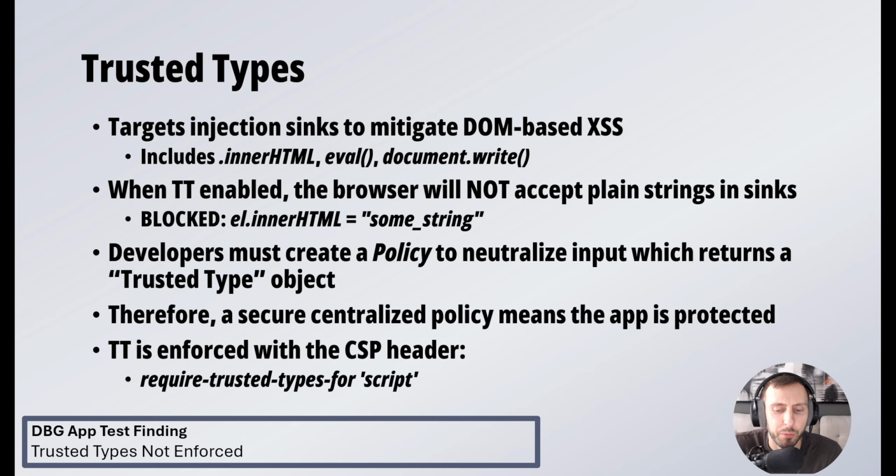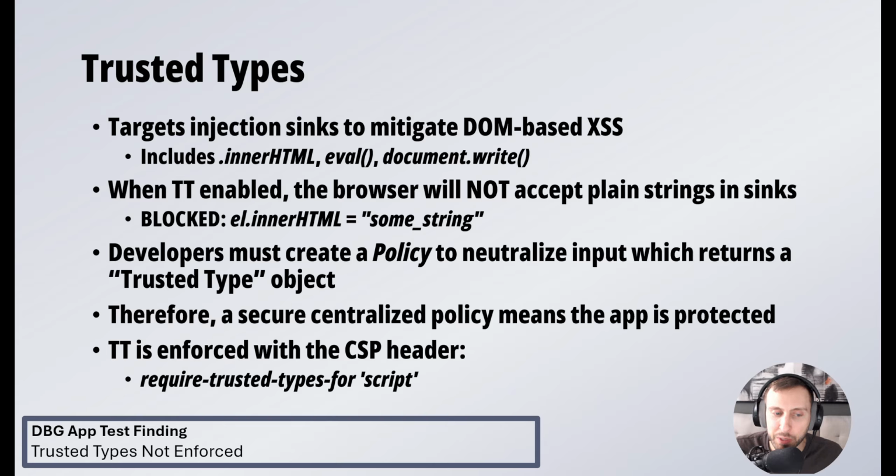So one big advantage of this is that you can centralize the neutralization or sanitization logic into singular policies, which make it a lot easier to identify violations where the browser blocks them, and easy to consolidate the logic that you use to neutralize the input.